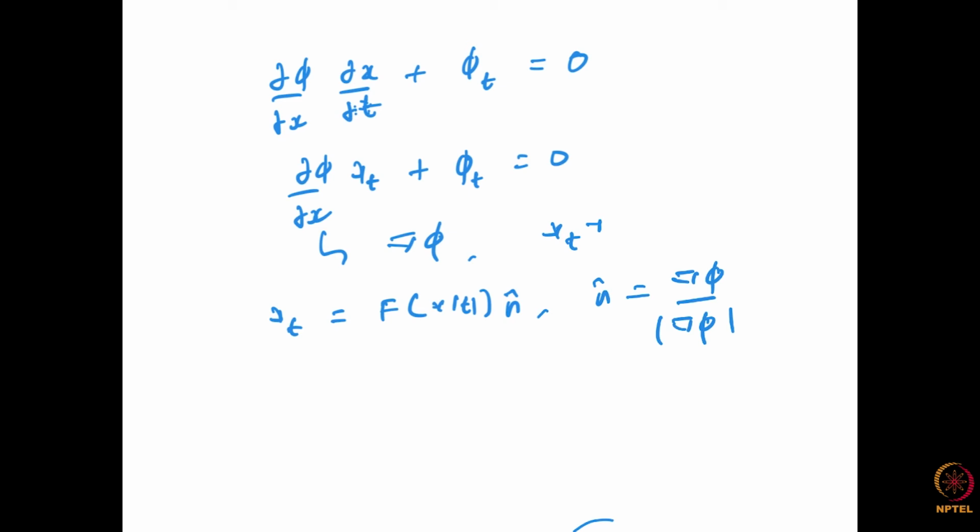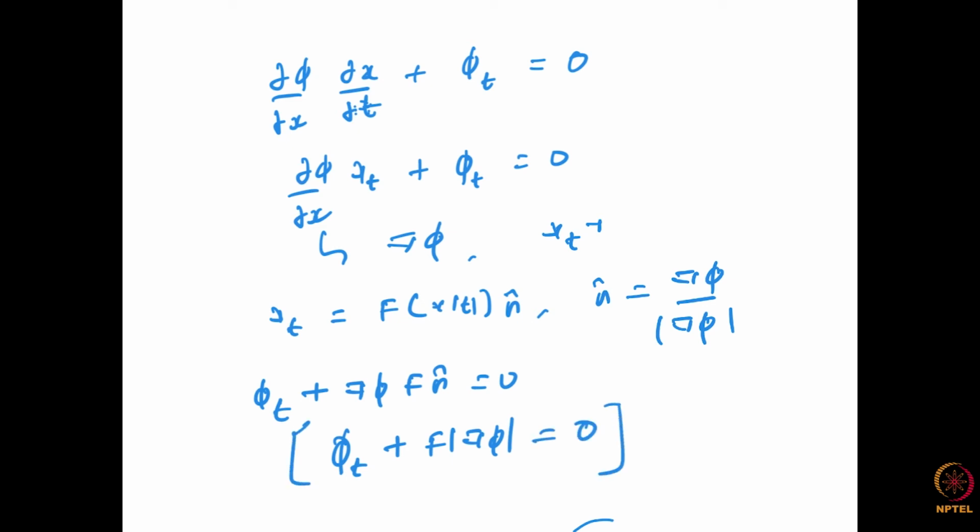So we can then write, instead of x t, we replace it with some speed function. So phi t plus gradient of phi dot f n cap equal to 0. After some rewriting, we can come to this form: phi t plus f times the magnitude of the gradient of phi equals 0. This gives the equation of motion of phi.